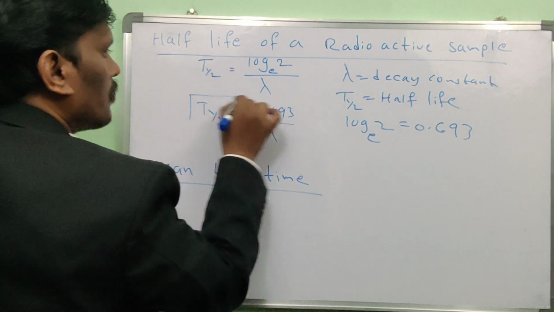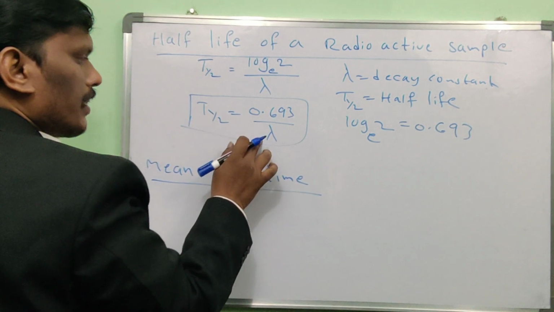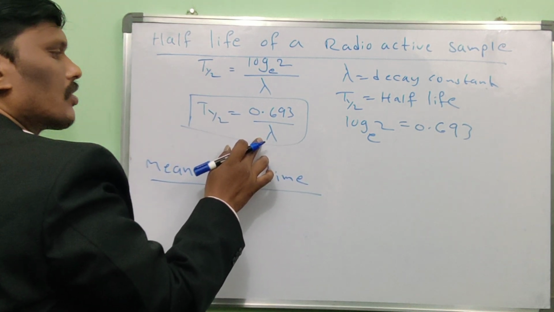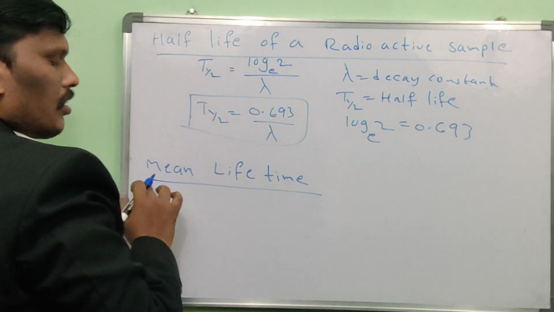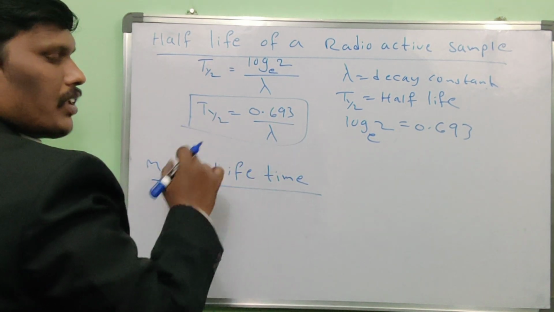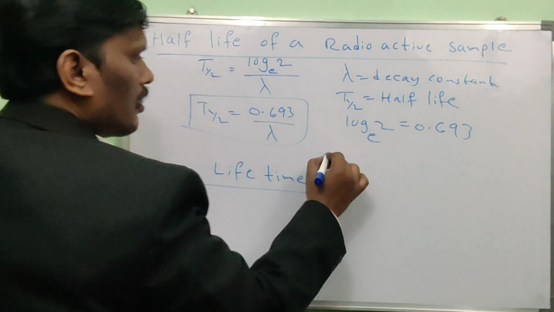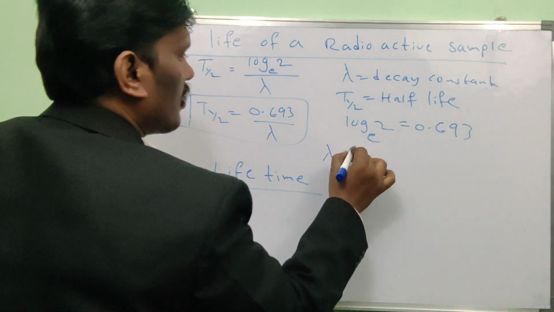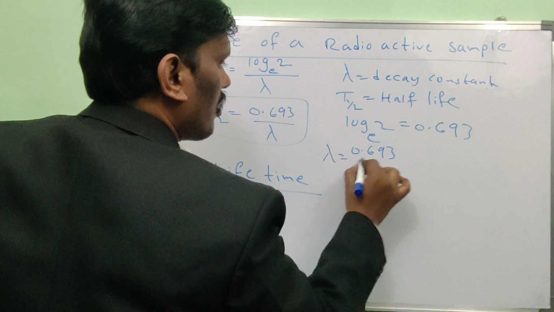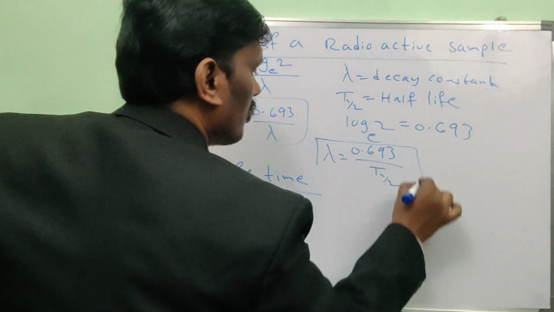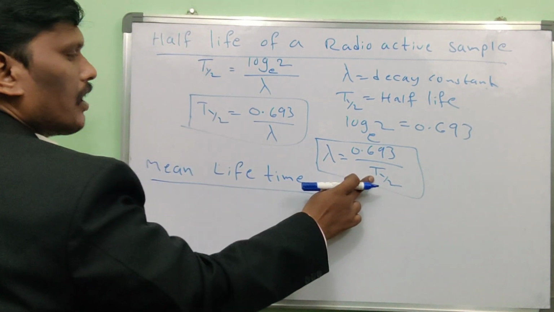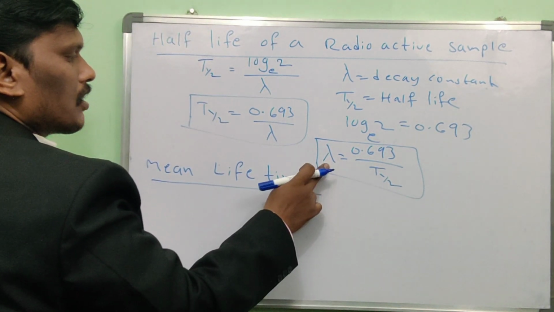Suppose in any problem the lambda value, that is the decay constant, is given and he is asking for half-life, use this formula: T half is equal to 0.693 by lambda. Suppose the half-life is given and we need to calculate the decay constant, then lambda is equal to 0.693 upon T half.